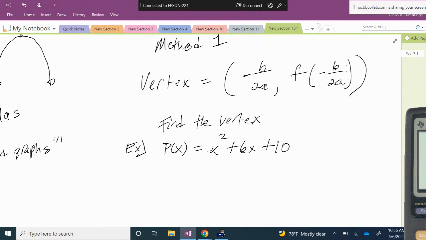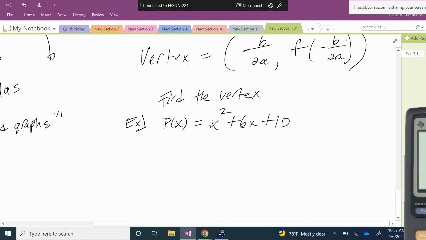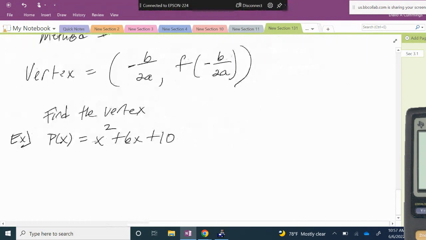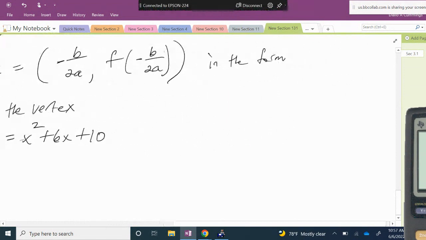Quadratic equations are in the form ax squared plus bx plus c.